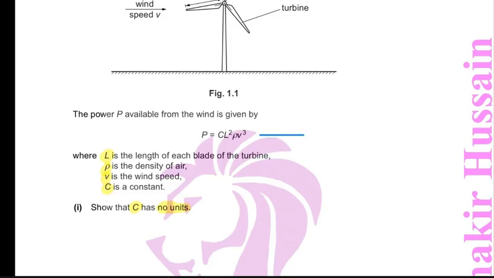Yes. So we once again make C the subject, and this will become P over L squared rho v cubed. What is P? It's power, sorry, power.